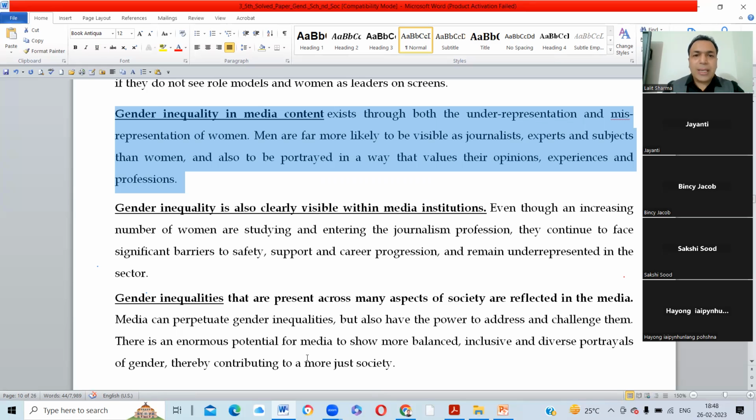Men are far more likely to be visible as journalists, experts, subjects than women. You have seen that. Even the experts and journalists, you have seen the panel of experts. Okay, the females would be very few, because this is the stereotype that if they are experts, they will be male. And also be portrayed in a way that values their opinion, experiences and professions, right guys?